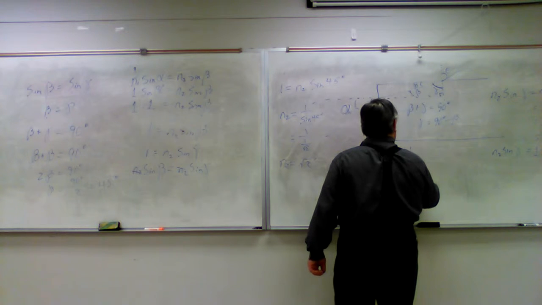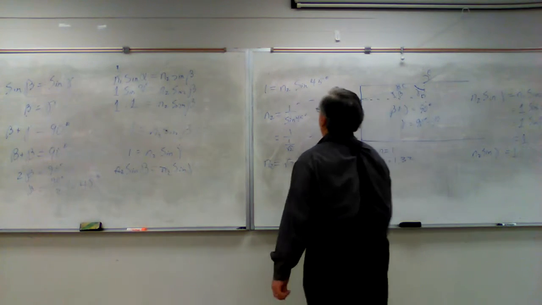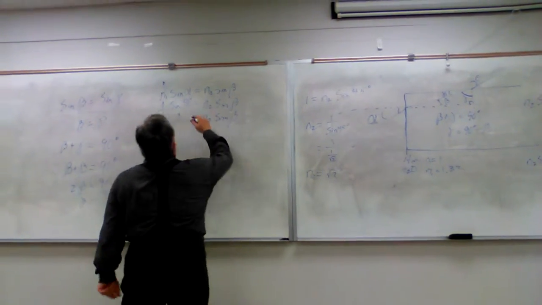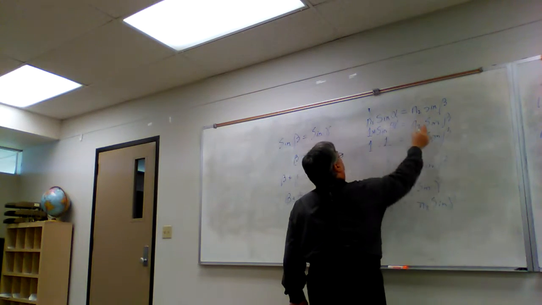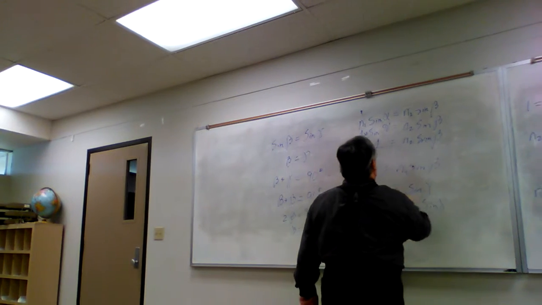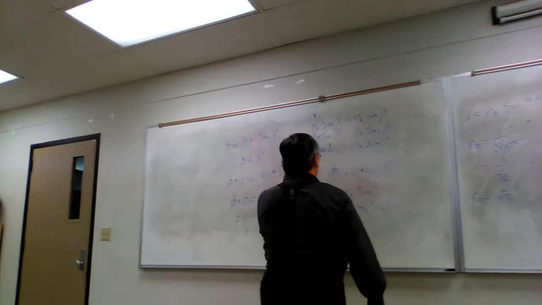In H2O, n1 equals 1.33, which means this would be 1.33 sine of 90, or 1.33 times 1, or 1.33 equals n2 sine beta.